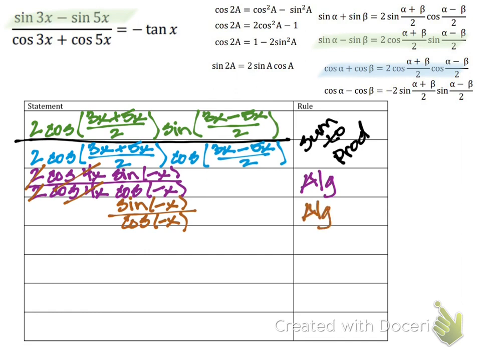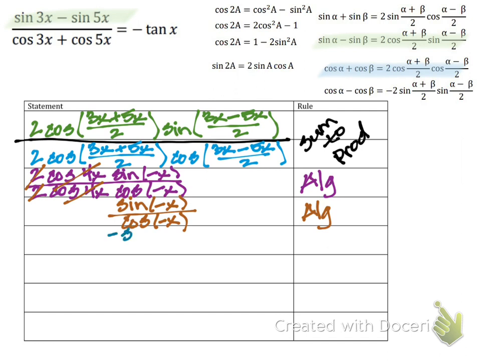Now from here we have 2 options. We can use even odd first and then turn it into tangent, right? Or since we already have sine and cosine and the angle is the same, I could go ahead and turn it into tangent and then use even odd. Okay? It does not matter which order because it's going to end up the same both ways. So I am going to go ahead and use even odd.